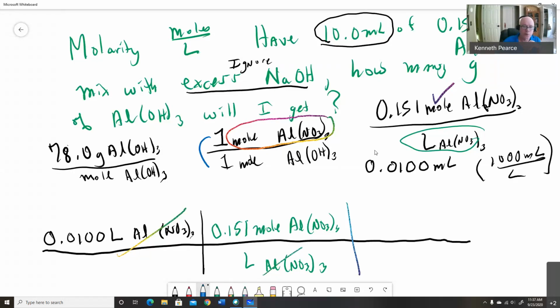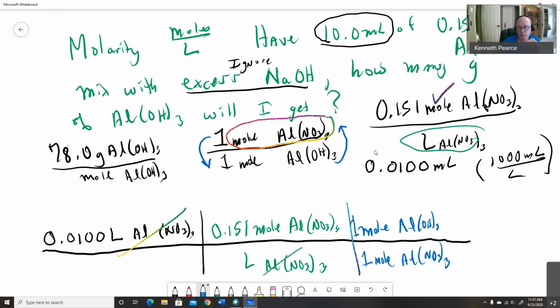So I'm going to flip this over. And so that becomes 1 mole aluminum hydroxide for every 1 mole aluminum nitrate.